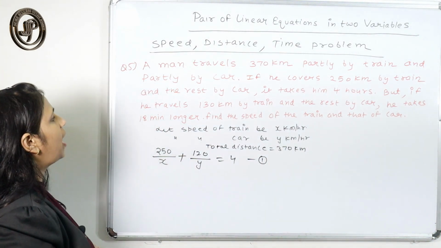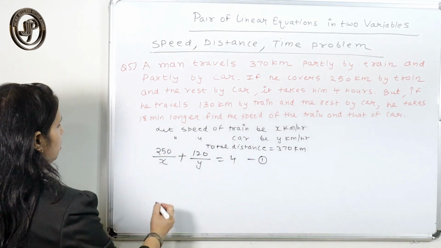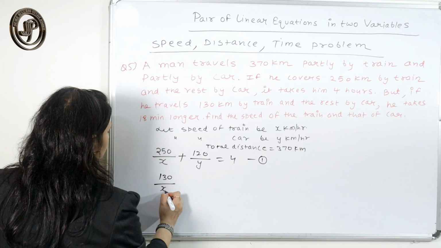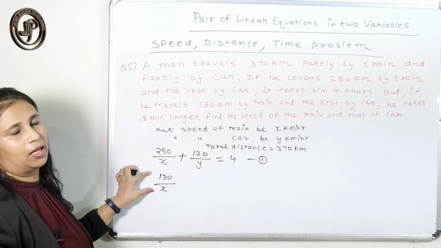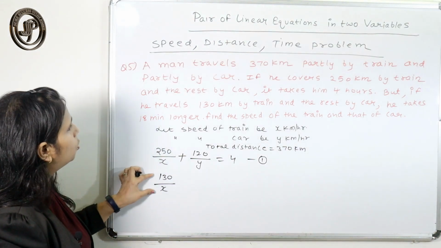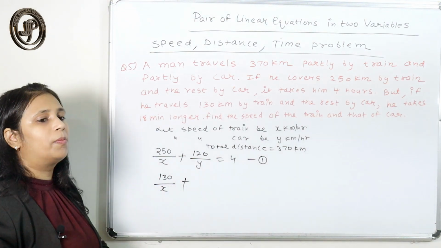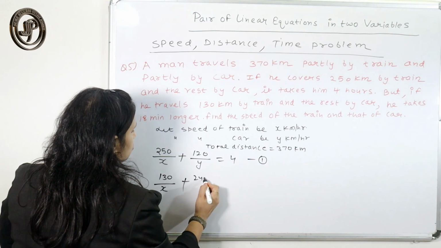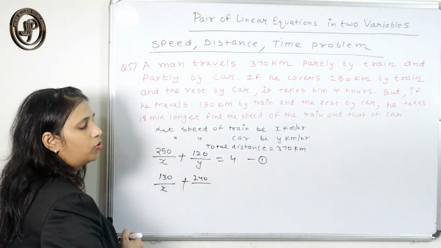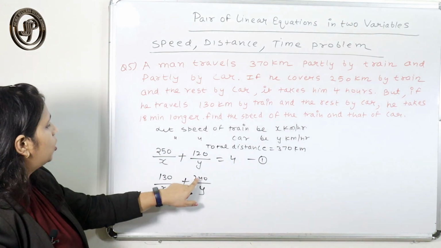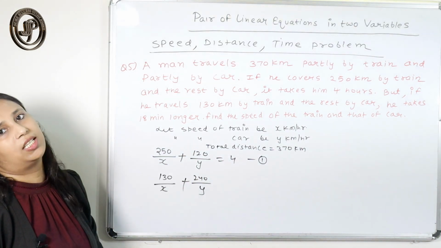Now, if he travels 130 kilometers by train, that is the time taken by his journey through train, and the rest by car. If he travels 130 kilometers, then he has to cover 240 kilometers by car, because the total distance should be 370.